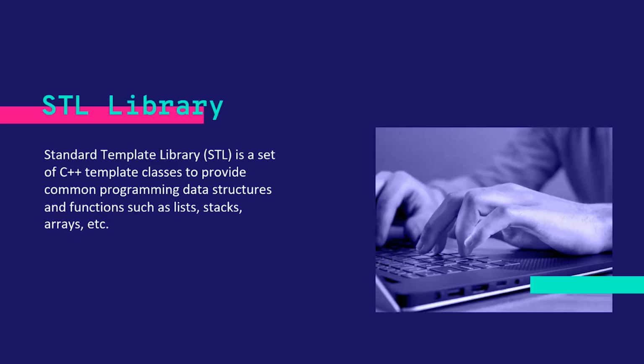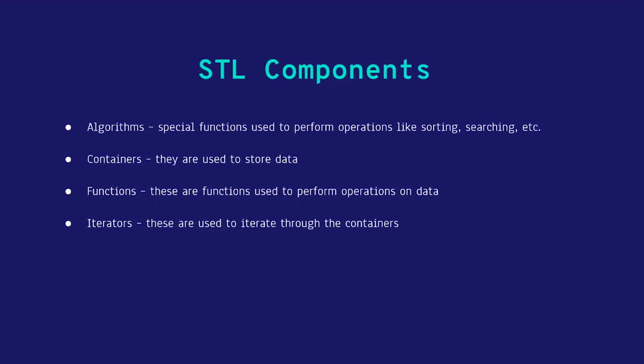So STL is mainly divided into four components: algorithms, containers, functions, and iterators. Algorithms are special functions used to perform special actions such as sorting, searching, etc. And containers, which are more important, are used to store data.